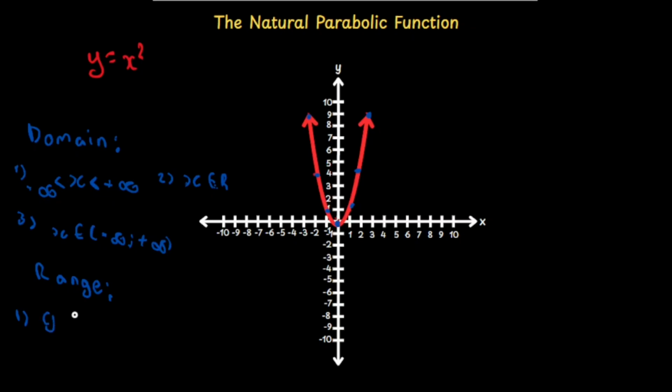That would be y is an element of 0 to positive infinity, because this function only exists from a y value of 0 going towards positive infinity, as well as y is greater than 0, but it is less than infinity.